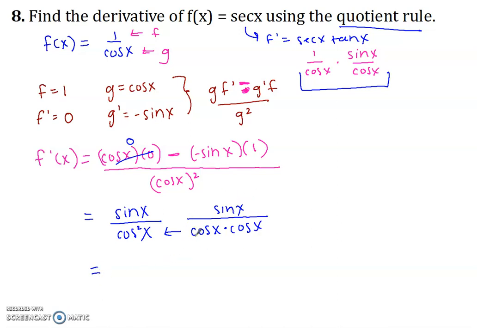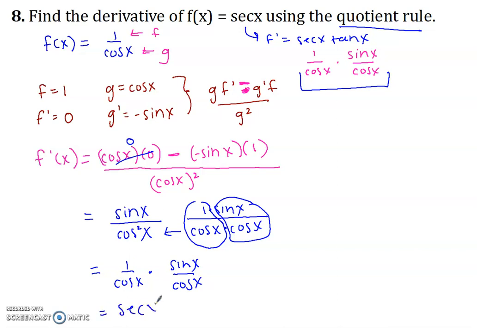So I'm going to separate this into 1 over cosine, since there's a 1 up here, times sine over cosine. Because 1 over cosine, that's secant, and sine over cosine, that's tangent, which is what we know we should end up with.